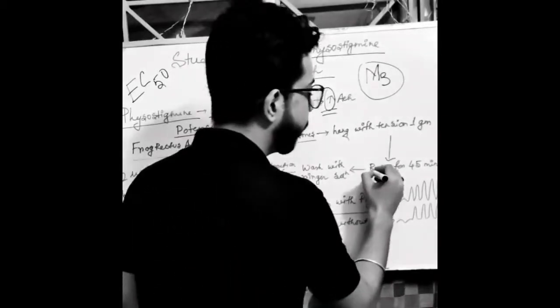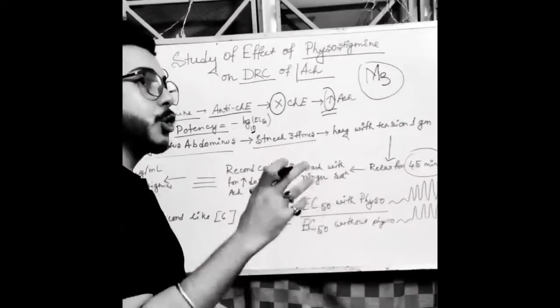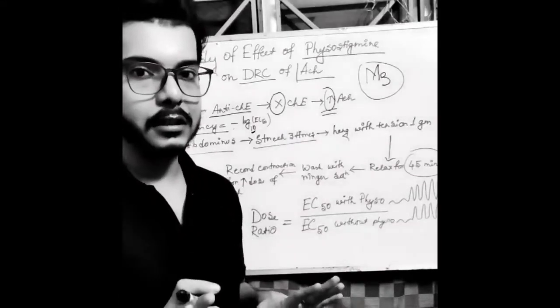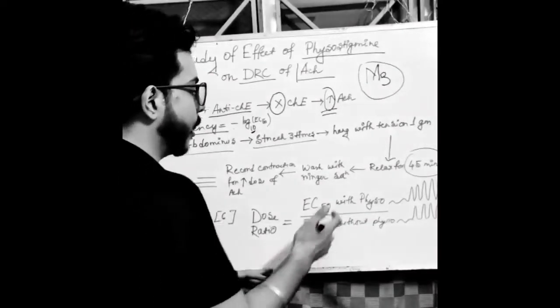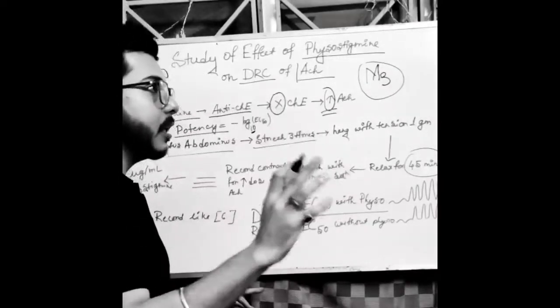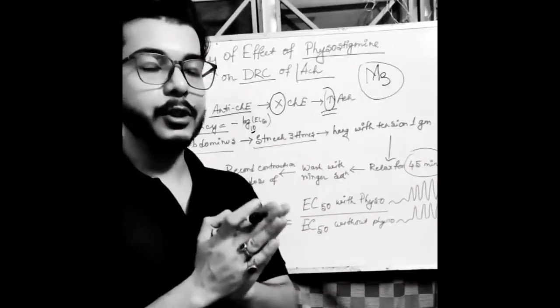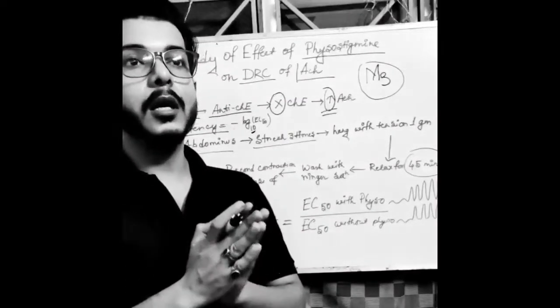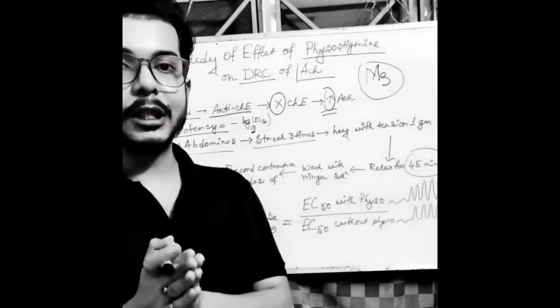Then we are giving 45 minutes for this tissue to relax, to get stabilized. Okay. After that, we are washing. In case of every in vitro experimentation, we have to use a specific PBS, physiological buffer solution.